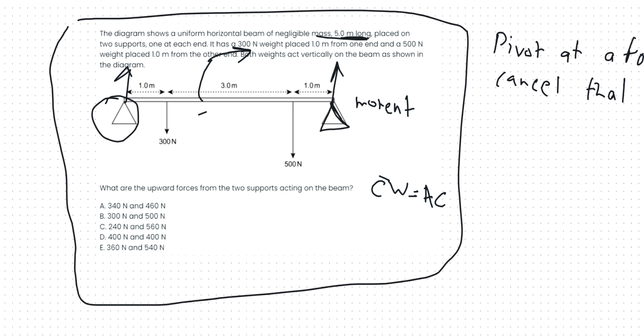So x into 5, this is my first clockwise moment. This is equal to my anti-clockwise moment, which is in this direction. So that would be 500 times the distance from the pivot, which is 1. So no need to write 1 because 500 times 1 is 500.